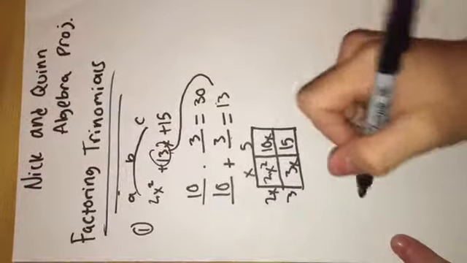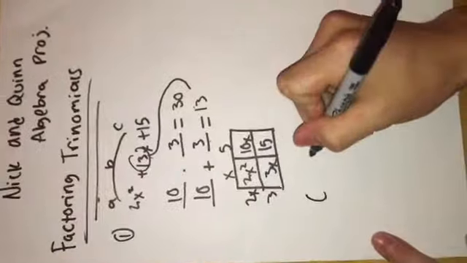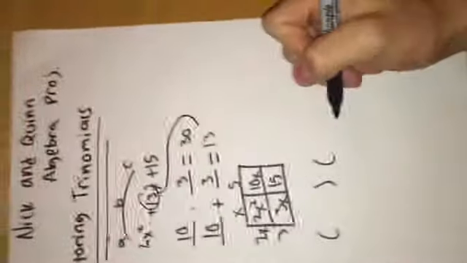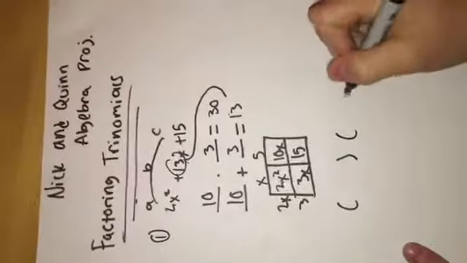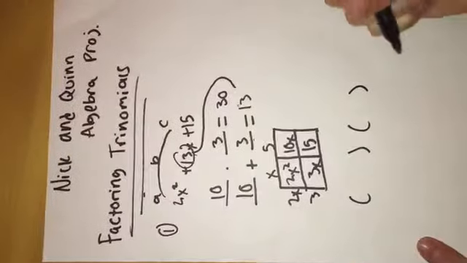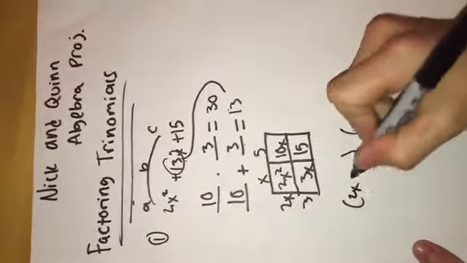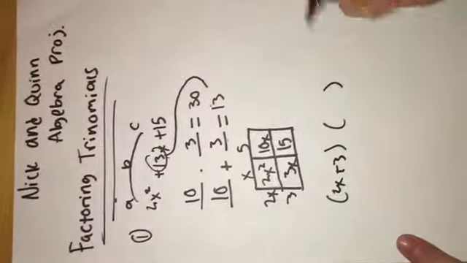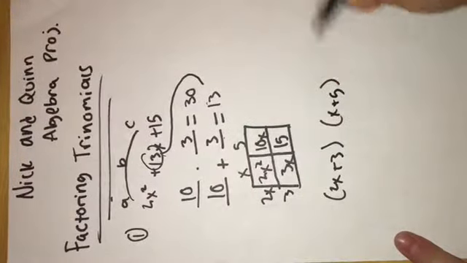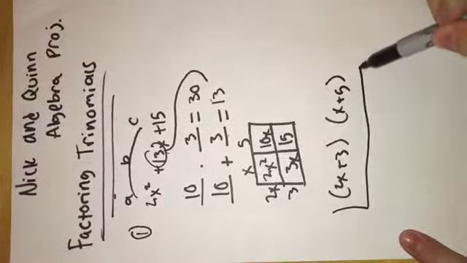So the way you would set this up for your solution is you're going to have 2 parentheses, so you're going to do 2x plus 3 and x plus 5, and that will be your answer.